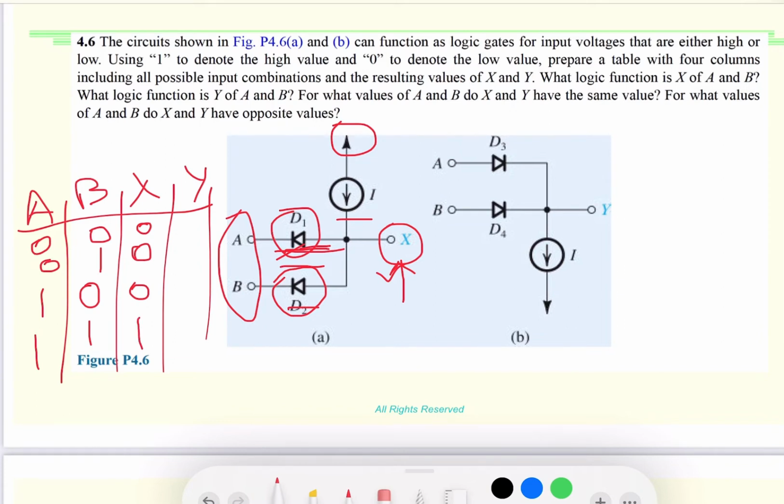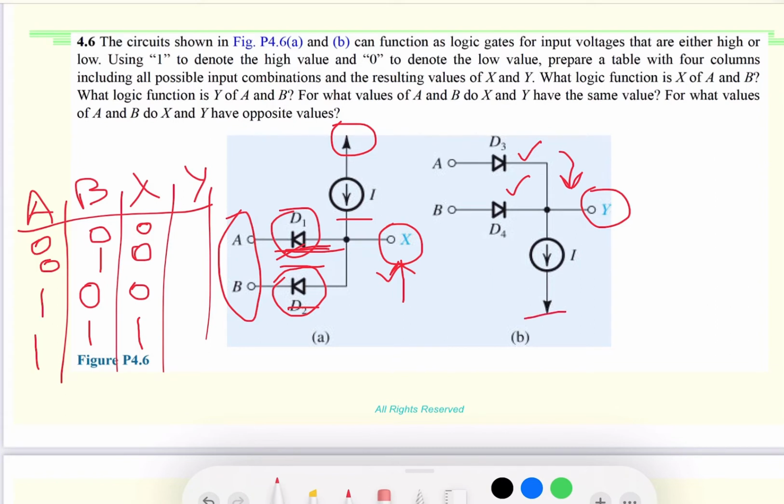And now if you look at Y, when any of these is forward biased, you will get a signal here. But if they both are reverse biased, there will be no signal at Y, so there will be no signal flowing through to this power supply.